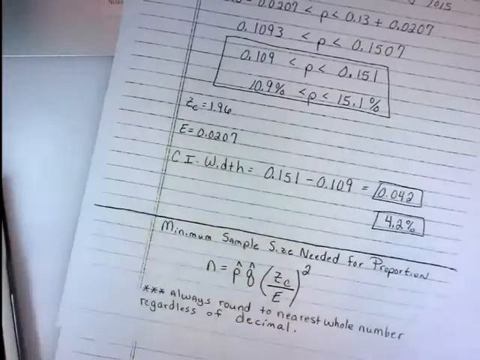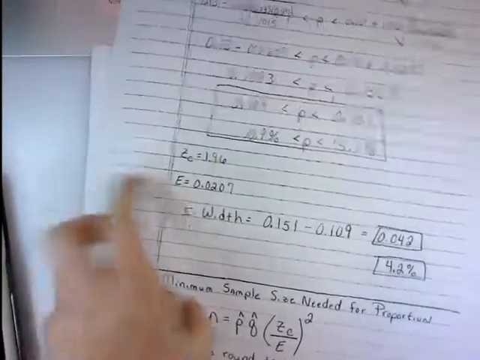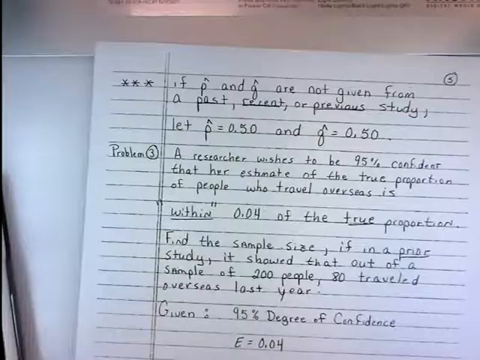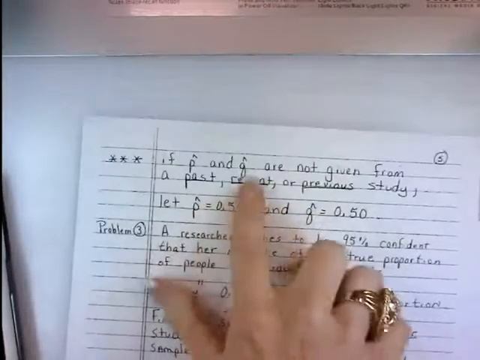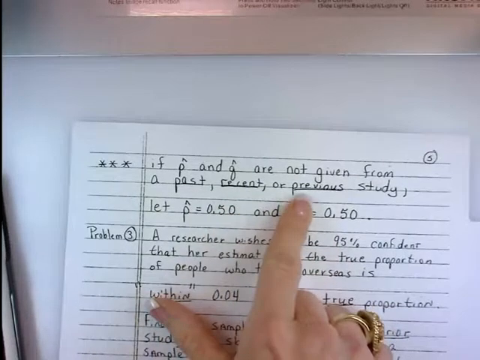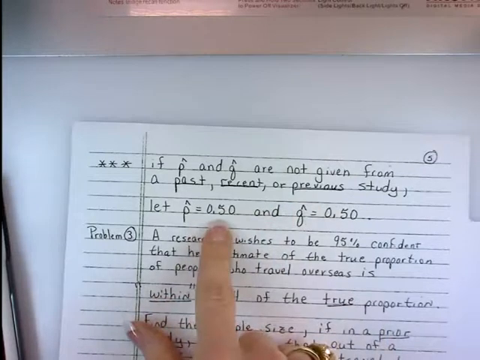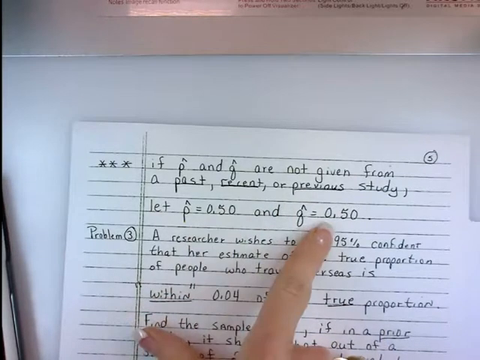And I want to go over these values. The textbook says if p-hat and q-hat are not given from a previous study or a recent study or a past study, by default, let p-hat be 0.5 and q-hat be 0.5.